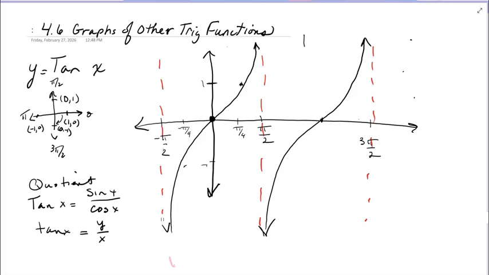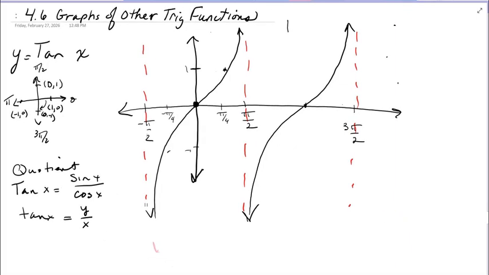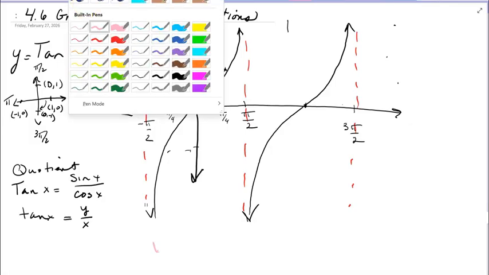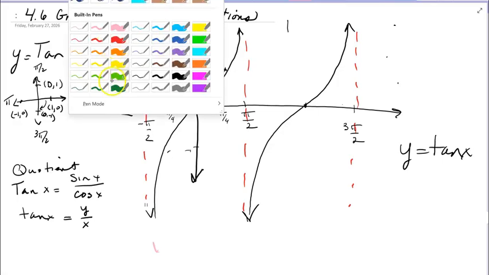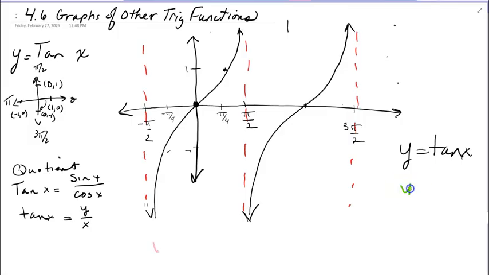All right, so this is your graph of y equals tan x in black. Asymptotes in red, asymptotes aren't changing. Let's pick green for y equals negative tan x.